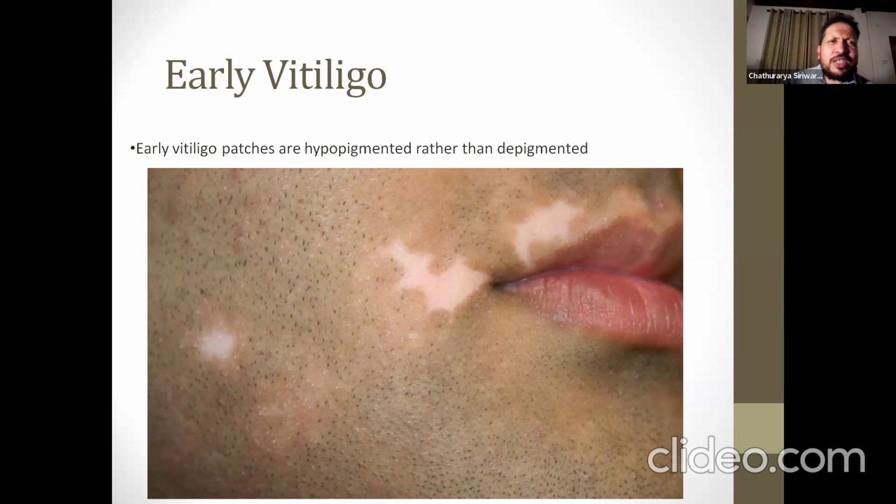So vitiligo, that's another common thing that can be mistaken for leprosy. In vitiligo, it's due to autoimmune destruction of melanocytes. They are often depigmented rather than hypopigmented in established patients, but early cases might be confusing because they are more hypopigmented. In these lesions, the autoimmune destruction of melanocytes spares the hair follicles, which have stem cells which differentiate to melanocytes.